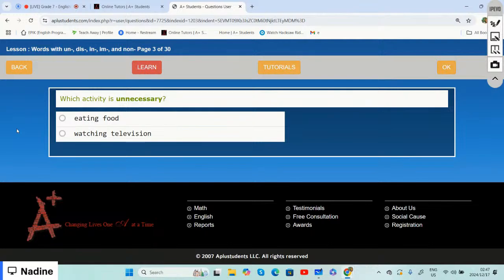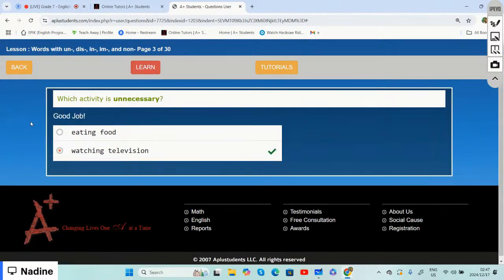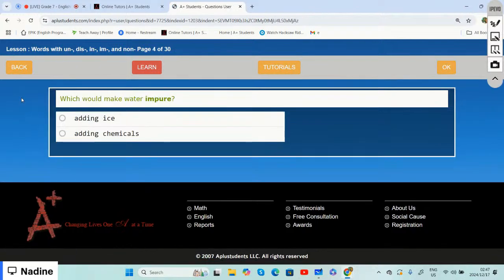And if we were to choose the correct option, then we can say watching television. Of course, watching television in moderation is not unnecessary, but according to this, it is unnecessary.